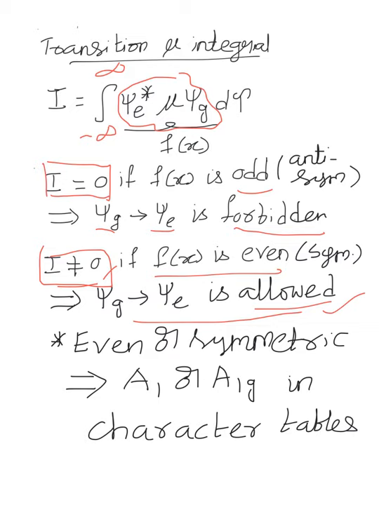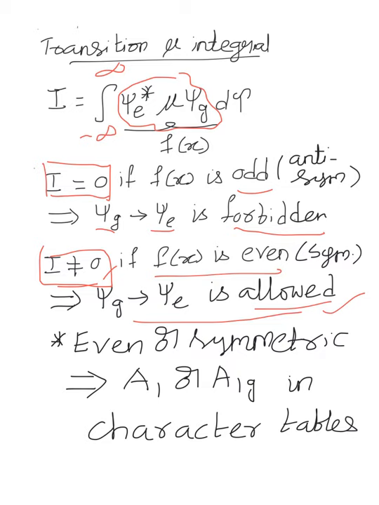So in order to know whether a transition is allowed or forbidden, we need to check whether this function psi e star mu psi g is an even function or an odd function. If it is an even function, the transition is allowed. If it is an odd function, the transition is forbidden.